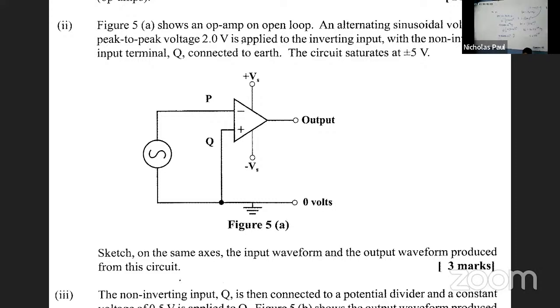You have 2 inputs. What's the next one? Comparator. That's the first one. So you have an alternating input and your voltage connected to 0. So that's a comparator.